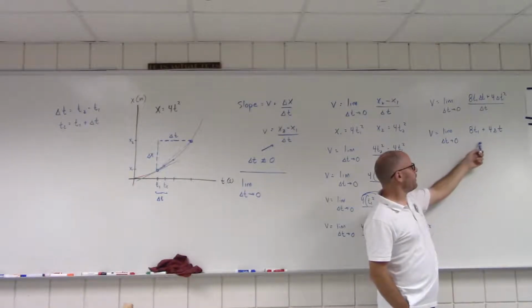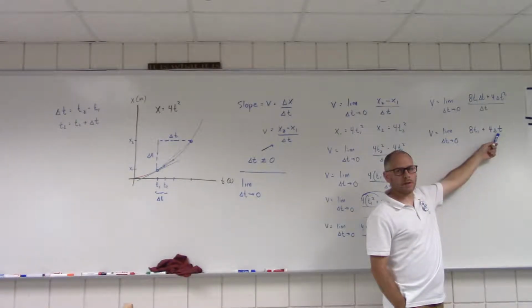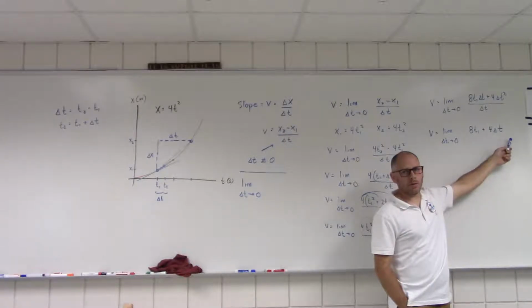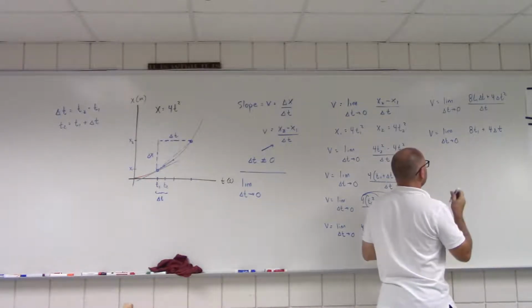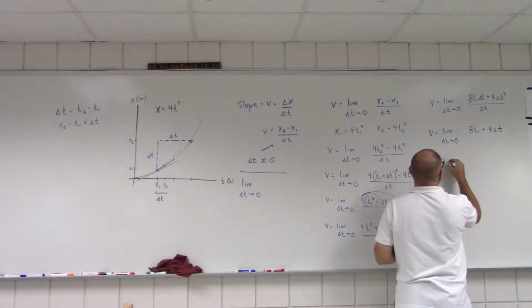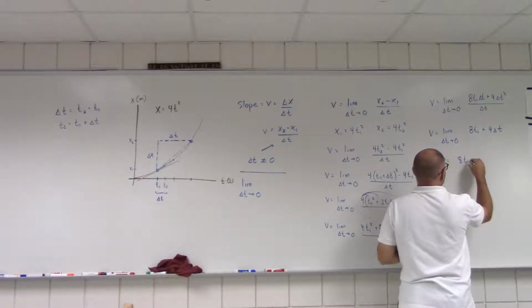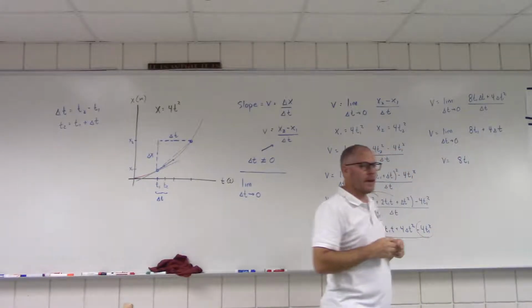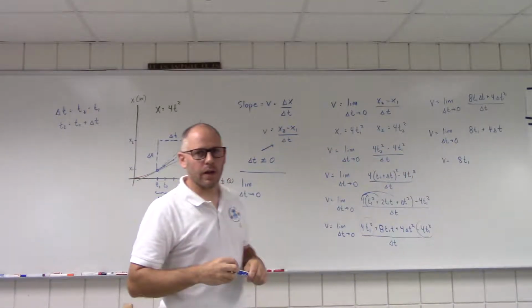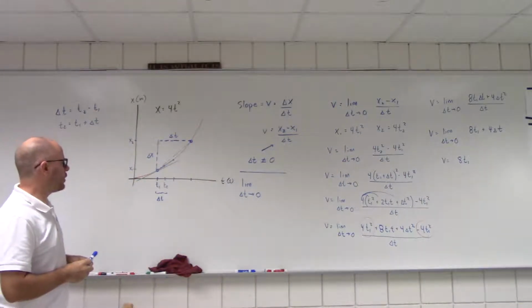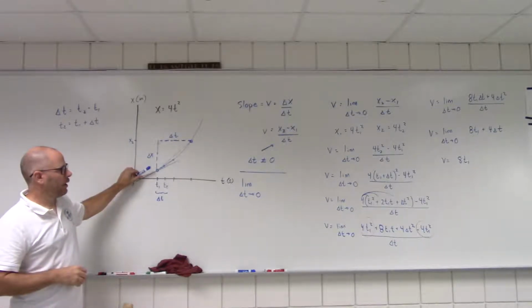And if I now let my delta t go to 0, what happens to this term? Well, if delta t is 0, 4 times 0 is 0, and we're left with this. The velocity at t1 is equal to 8t.